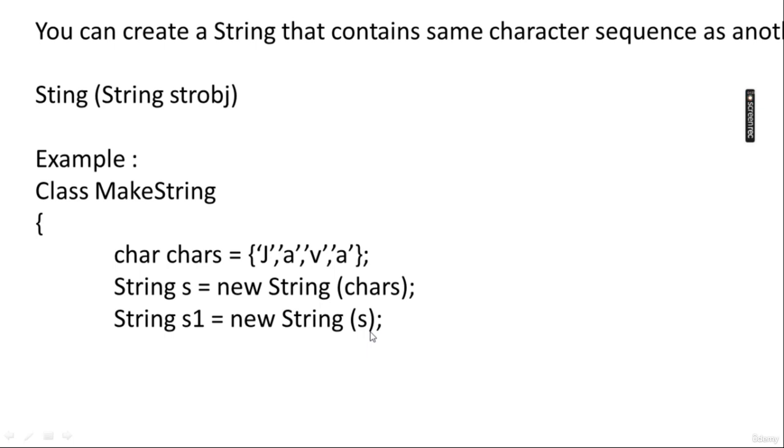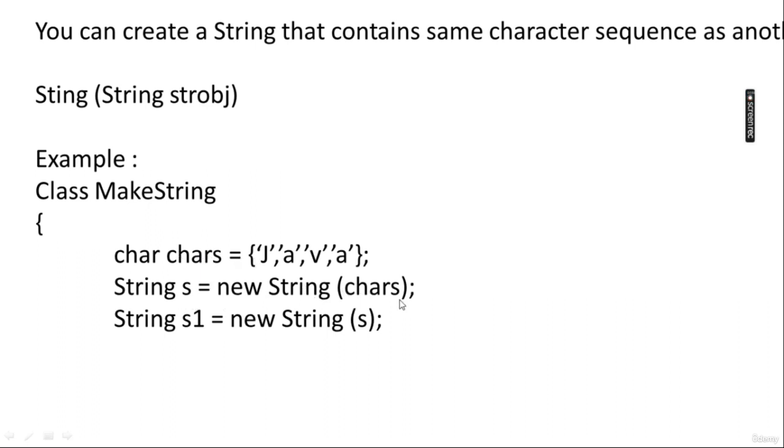You can create a string that contains the same character sequence as another string object. This is just a copy of one string into another string. This is the character array first of all. Then this is the constructor that we have already seen, in which we are specifying the character array.